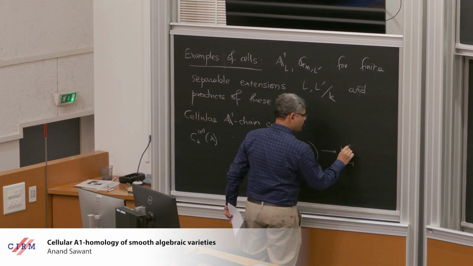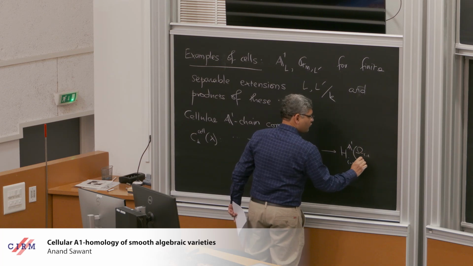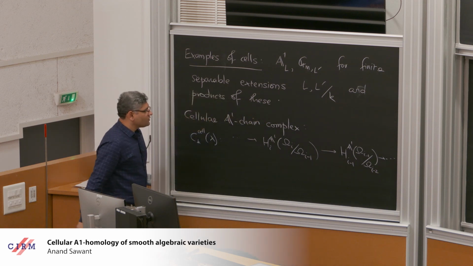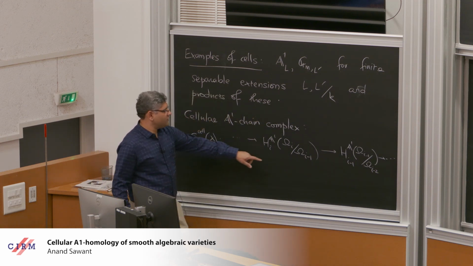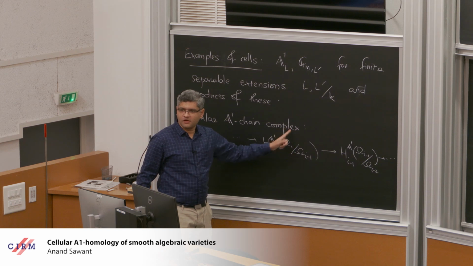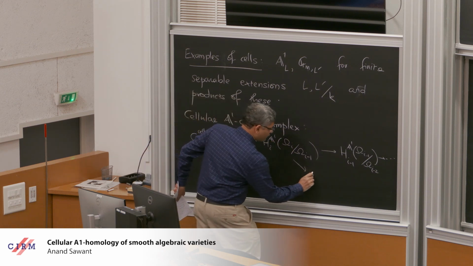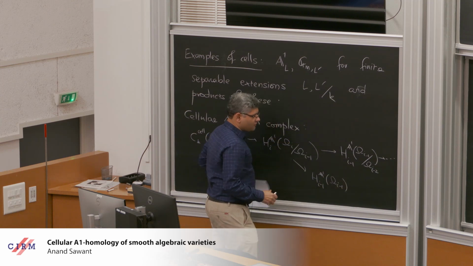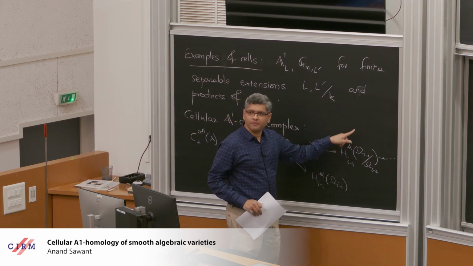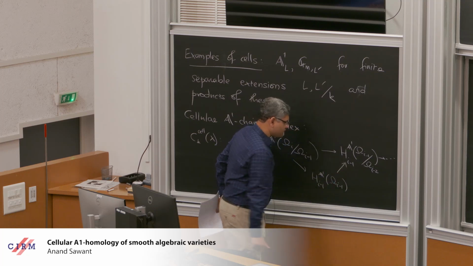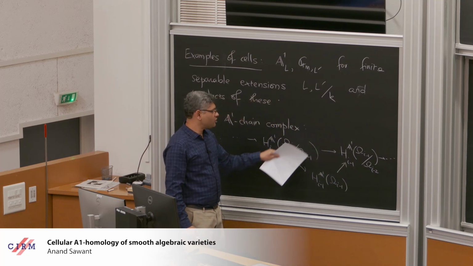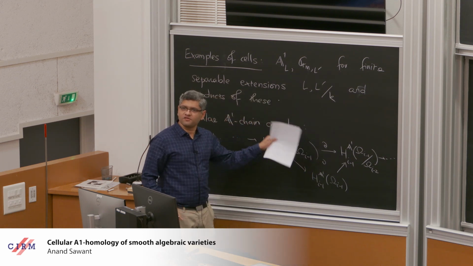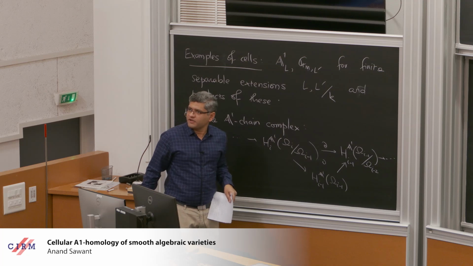And there is a natural differential which you can see from the natural cofiber sequences going from this quotient to the next one. Namely, you look at the cofiber sequence for the inclusion of omega I minus 1 inside omega I, and then there is a boundary map to h_{i-1} of omega I minus 1. And if you look at the cofiber sequence for the inclusion of omega I minus 2 inside omega I minus 1, then there is a natural map from that cofiber sequence over here. And so this differential is defined to be the composite of these two.